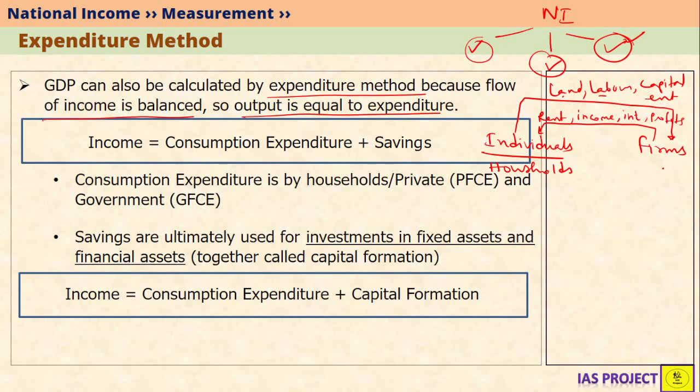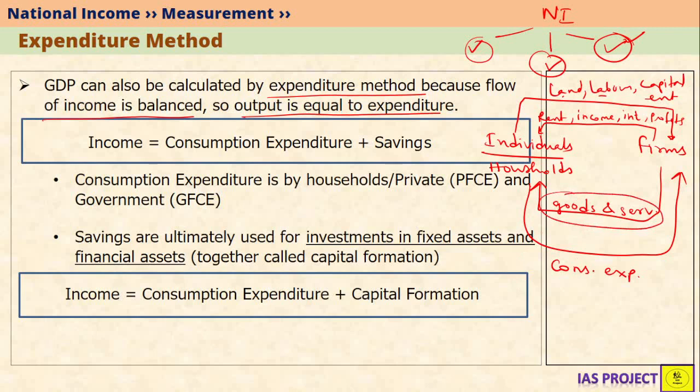So now firms have manufactured certain goods and services. These firms are ultimately selling goods and services to people, that is individuals or households. And when households are purchasing these goods and services, they are paying back firms with their consumption expenditure. So from this we can see that whatever is the production is nothing but the same as expenditure, because whatever goods and services individuals or households are buying from firms, an equivalent value they are giving back to the firms in terms of consumption expenditure.